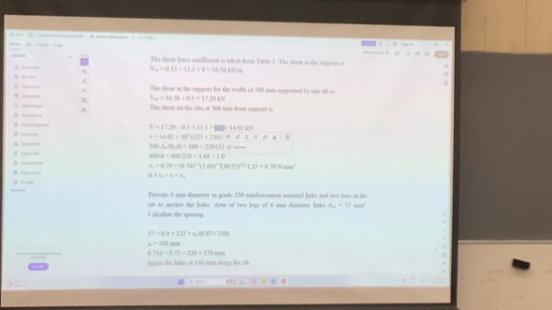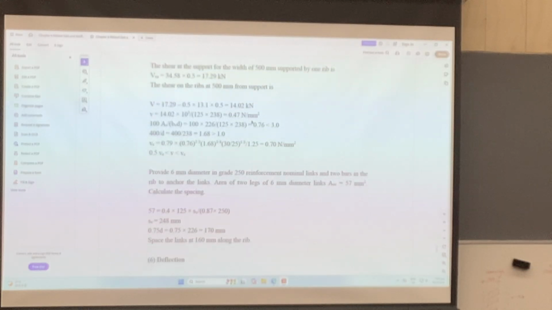The first 0.5 is that I step away from the support by 500 mm, so I minus 0.5. The second one is the loading: the loading of 13.1 is per meter, but your rib just supports 500 mm, so I multiply by 0.5. So the shear 500 mm away is equal to 14.02 kN.